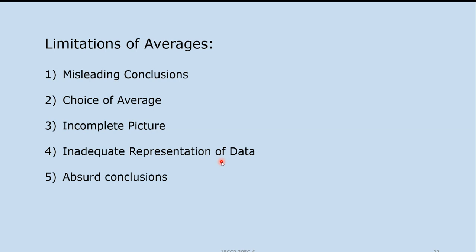Next is incomplete picture. The averages normally do not give a complete picture of the data. That is, for two different series, the average may be same or coming closer to each other.